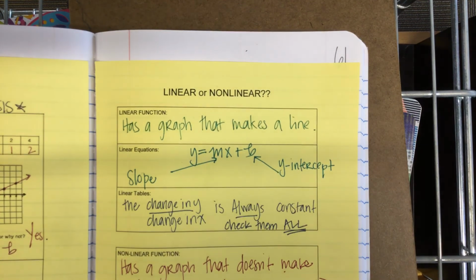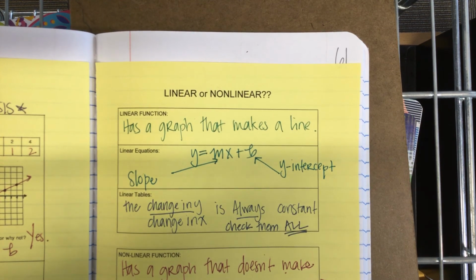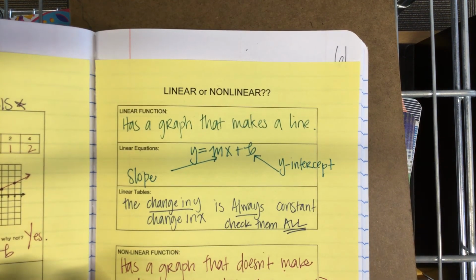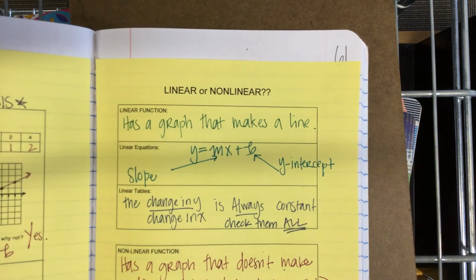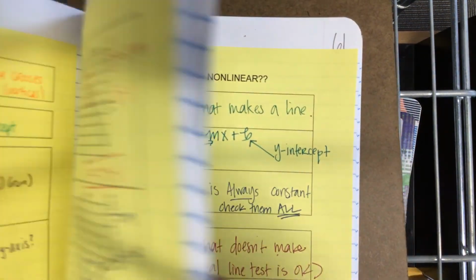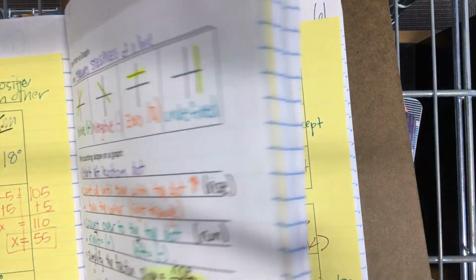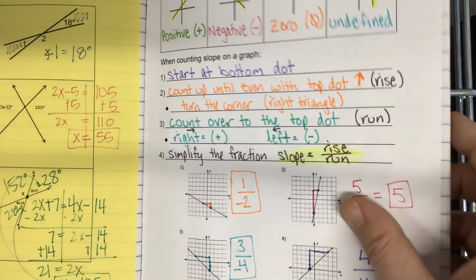What's one thing? If your x value repeats more than once, it's not a function. If you have the same x number twice.